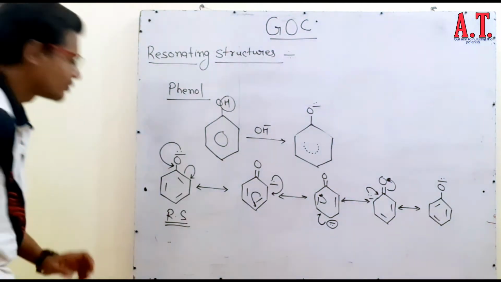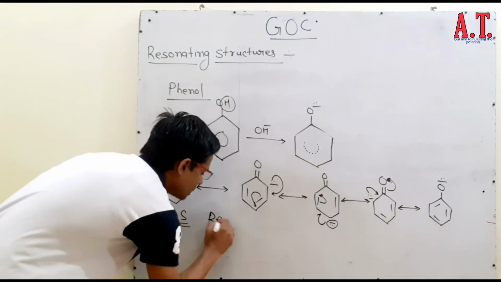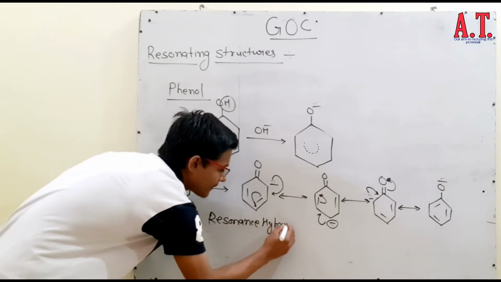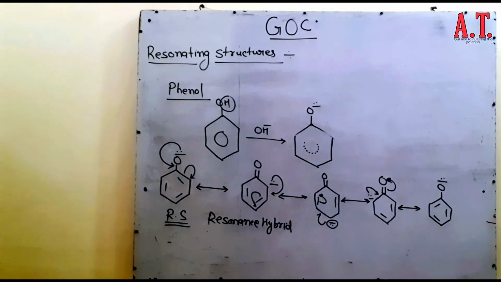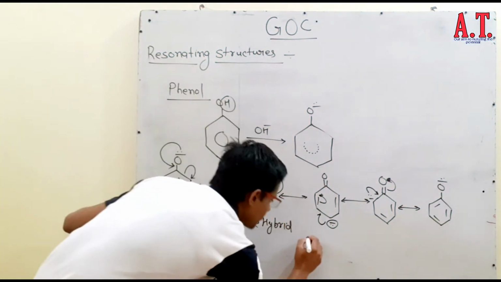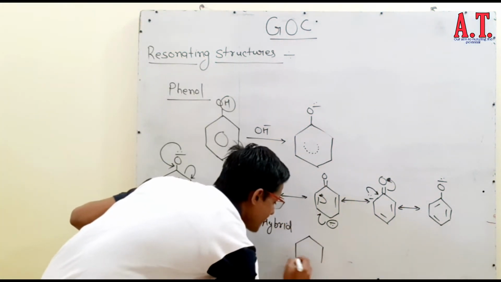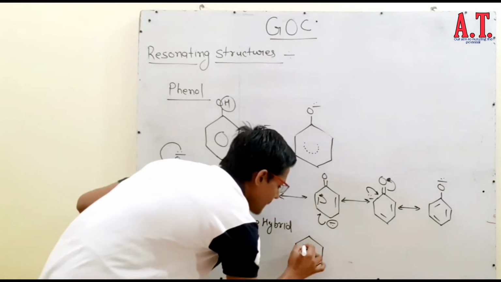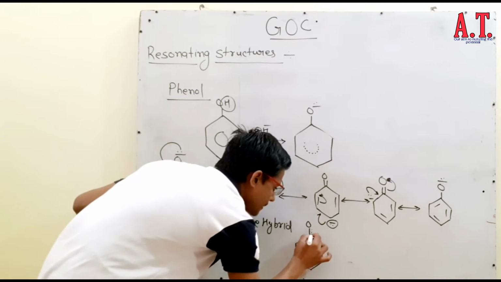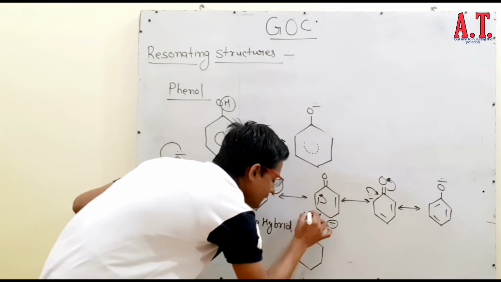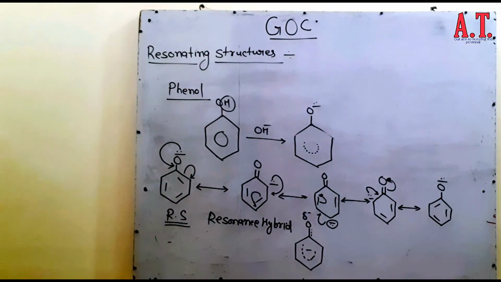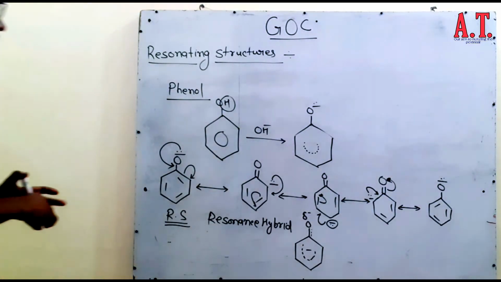So for phenol, how can we write down the resonance hybrid? In the resonance hybrid, RH, you can show the movement of electrons. This is O, and the negative charge is moving in this manner. Is it right? So it is all about drawing the resonating structure.